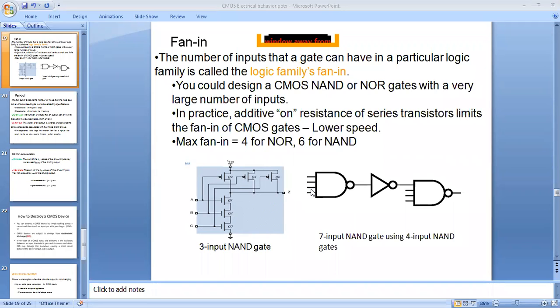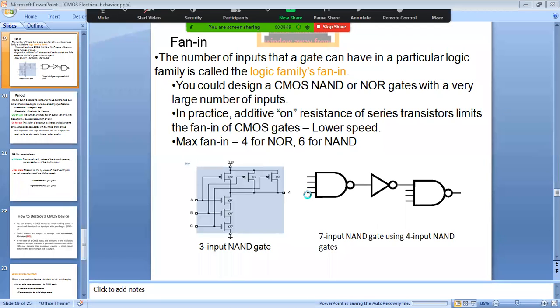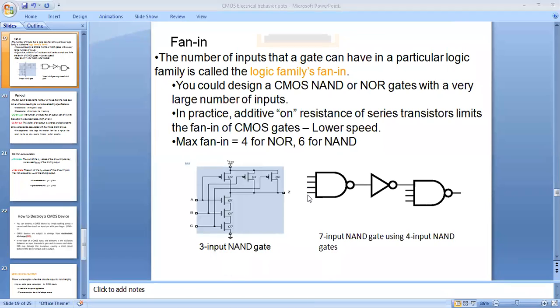That is, the number of inputs handled at the output is mentioned as fan-out. So now our topic is fan-in. What is fan-in? The number of inputs that a gate can have in a particular logic family is called the logic family's fan-in. I think you understand that definition.